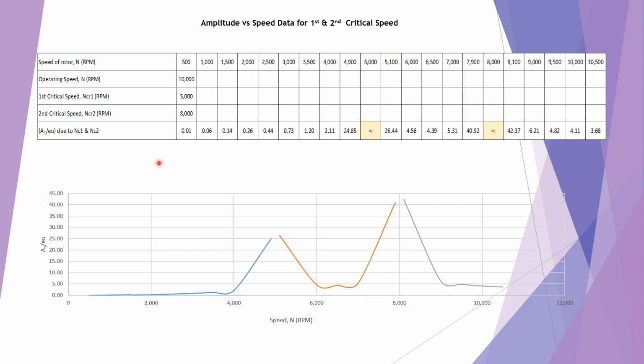So if you consider both the first and second critical speeds, at 5000 it becomes infinite, and at 8000 it becomes infinite. So we can say at critical speed or resonance, the amplitude of the rotor is infinite.